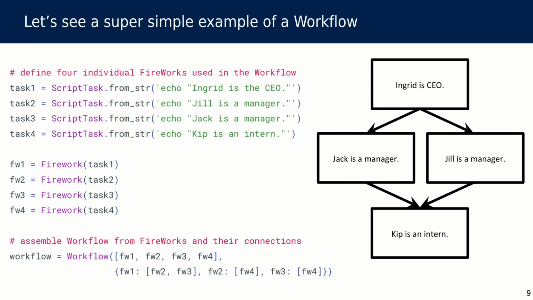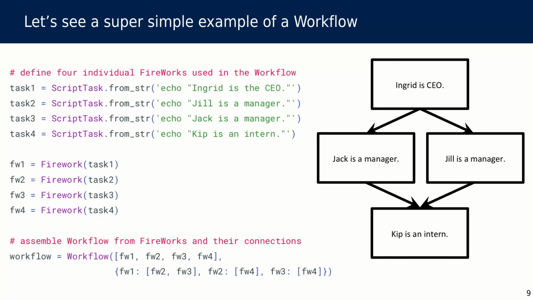So we can define the different tasks of the workflow using Python, then make fireworks out of these, and finally assemble the workflow that includes the 4 fireworks. And we also define dependencies between the fireworks, so the first firework is needed for the second and the third one, and so on.